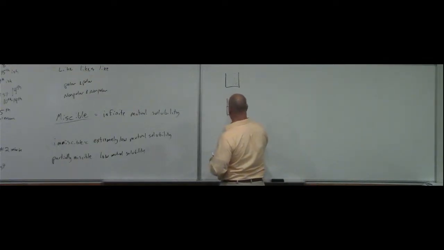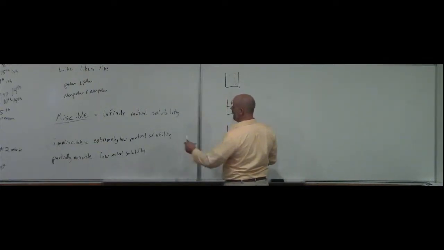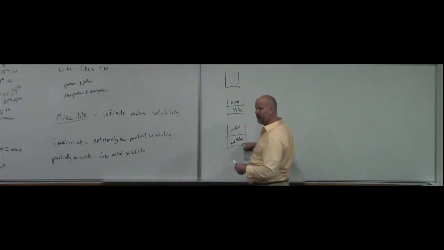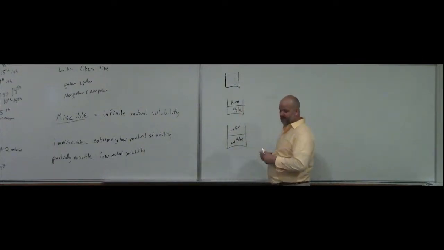If I had two that have partial miscibility, then I'm going to have a faintly blue-red on top, and a faintly red-blue on bottom, because just a little bit of this red will dissolve in here, and just a little bit of this blue will dissolve up here. So they'll change color slightly, but they're not going to just readily mix. We're not going purple with this thing. Okay. All right.